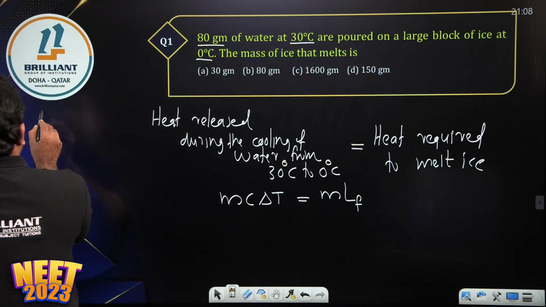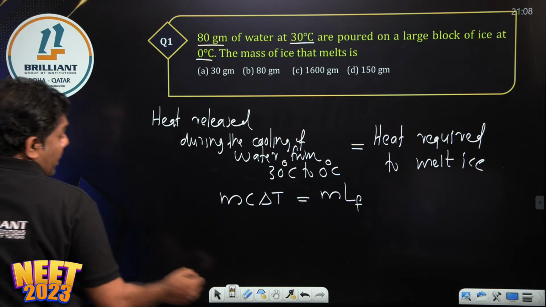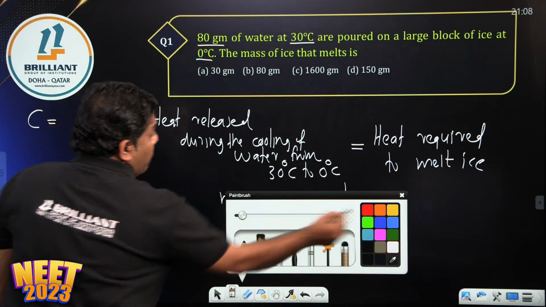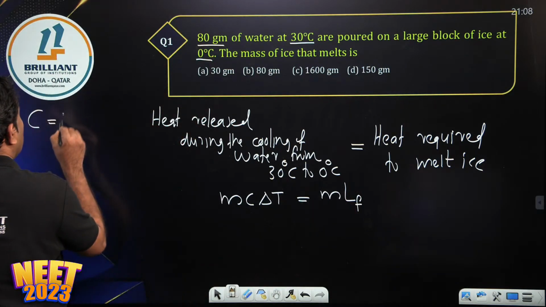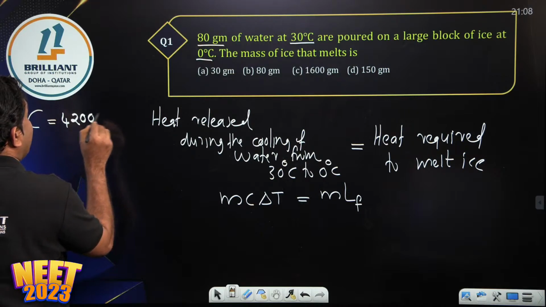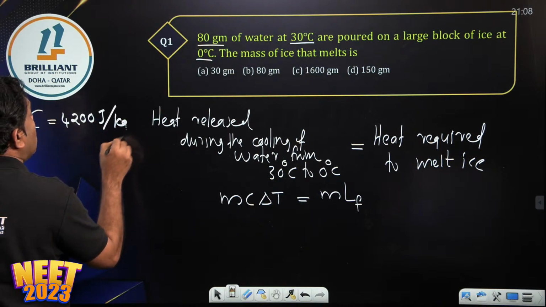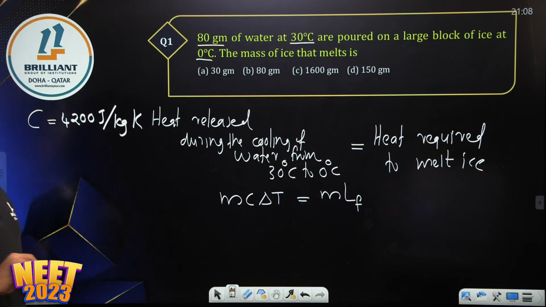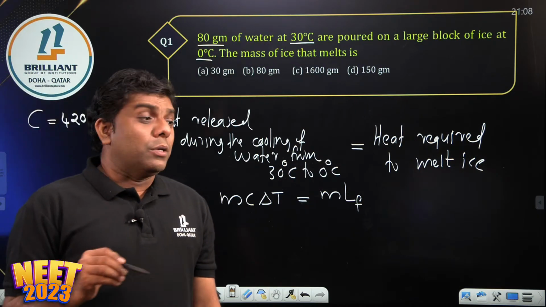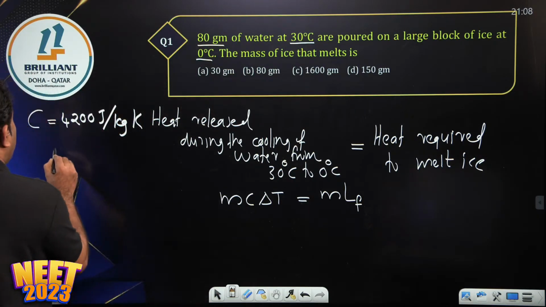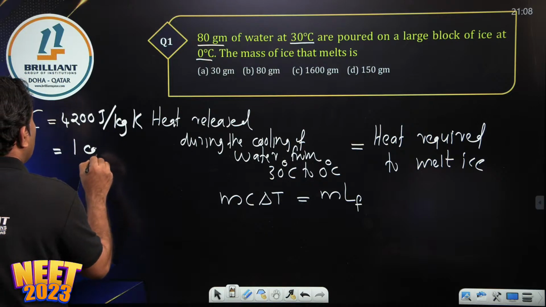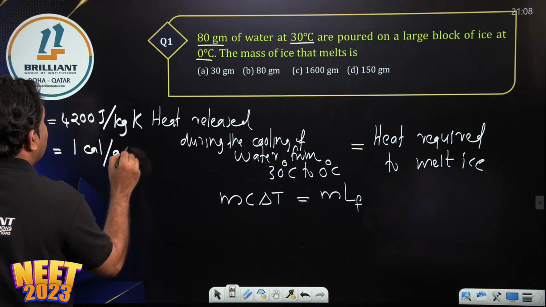C means specific heat capacity, and everyone has to know the value for water. Specific heat capacity of water is 4200 joule per kilogram Kelvin, which is also 1 calorie per gram Kelvin.